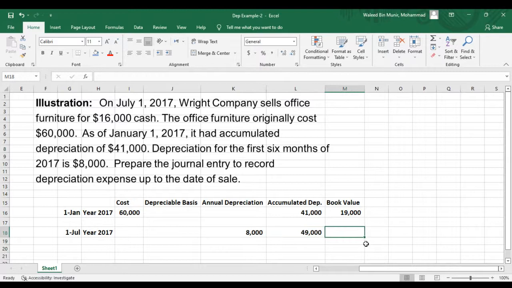So now what will be the book value, which is cost minus accumulated depreciation, right?